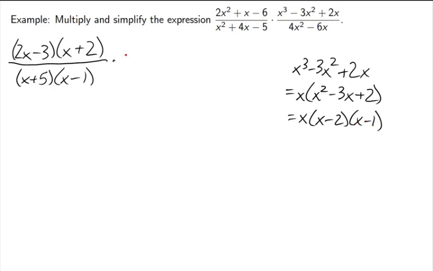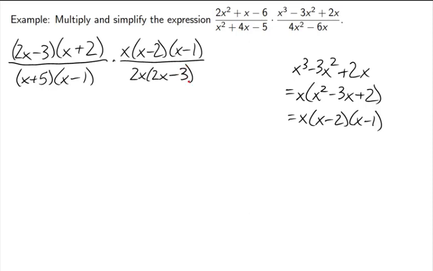Alright, let's copy that over here. x times x minus 2 times x minus 1. And then in the denominator, I can factor out a 2x, which gives me 2x minus 3.